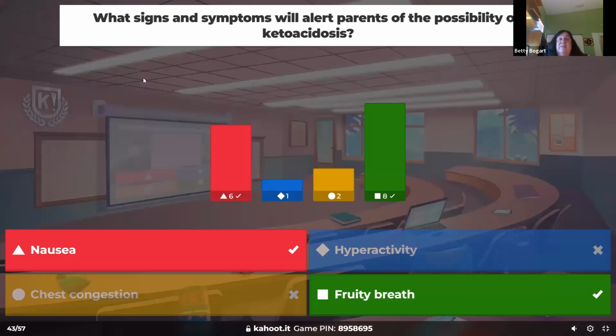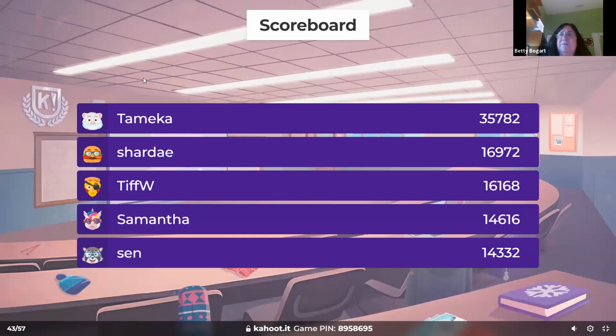So ketoacidosis is when the body doesn't use sugar, the sugar level goes high, it starts eating fat and protein, ketones are made, and your breath smells like a rotten peach. It is really an amazing smell. It smells exactly like what I described, an old rotten peach. It's sweet, but it's almost sickening. And with that, you're going to be nauseous.